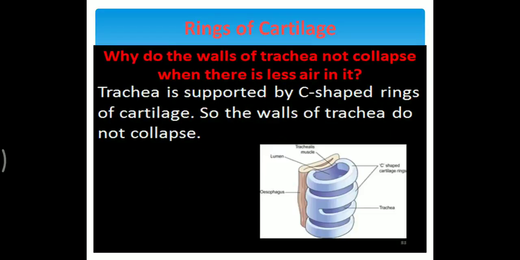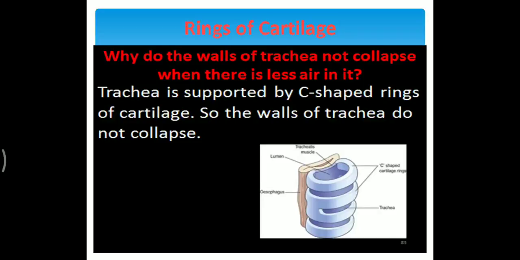Next, one more point, you might have observed in the food pipe or trachea, there are ring-like structures. Why do the walls of trachea not collapse when there is less air in it? You might have observed, so much air we are taking always through the windpipe.